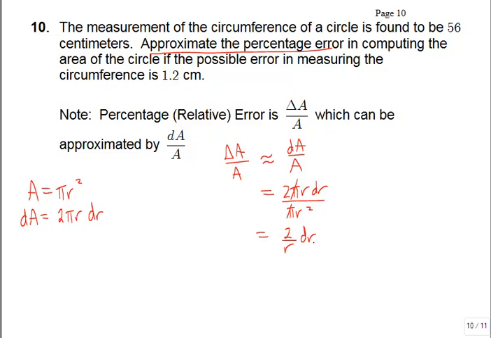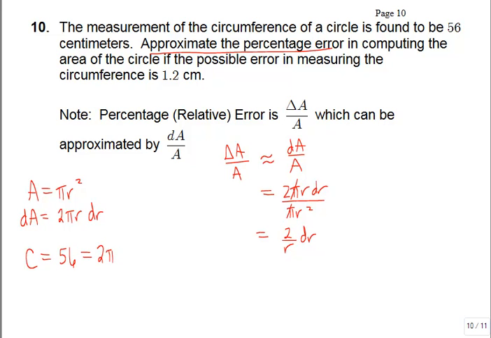So if I know what r is, I can plug it in, and if I know what dr is, I can plug it in. The problem is, I don't know either of those. They don't give me that information. What they tell me is that the measurement of the circumference of a circle is 56 centimeters. So they are telling me that the circumference is 56. Well, what's the formula for circumference?